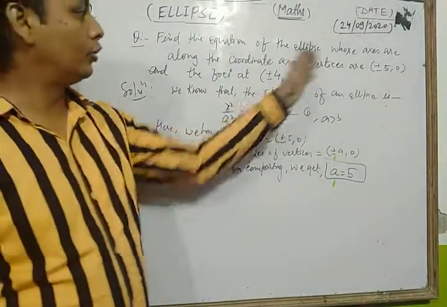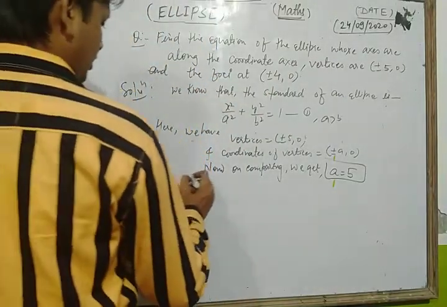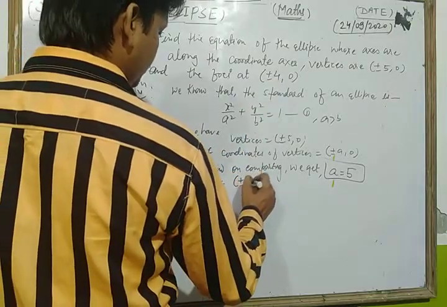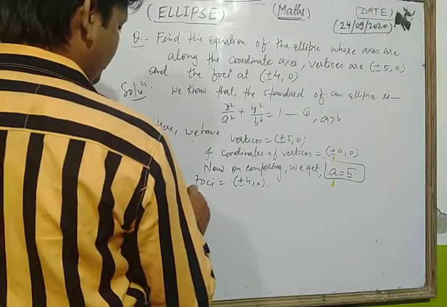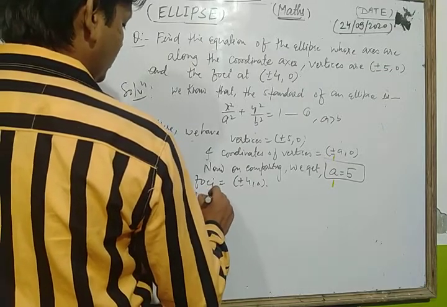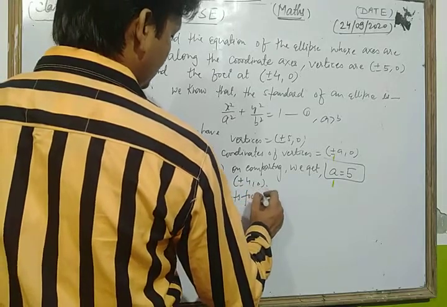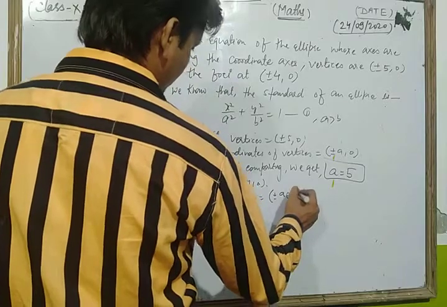Now look, here the coordinates of foci are plus minus 4, 0. And we know that the coordinates of foci are plus minus AE, 0.